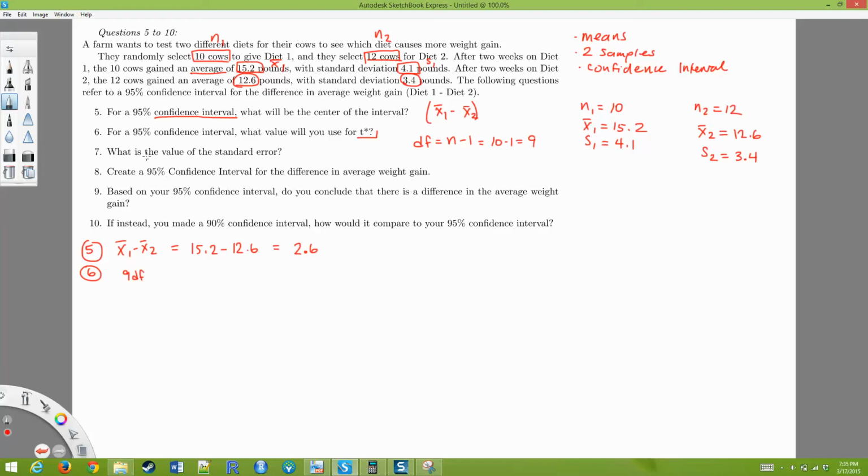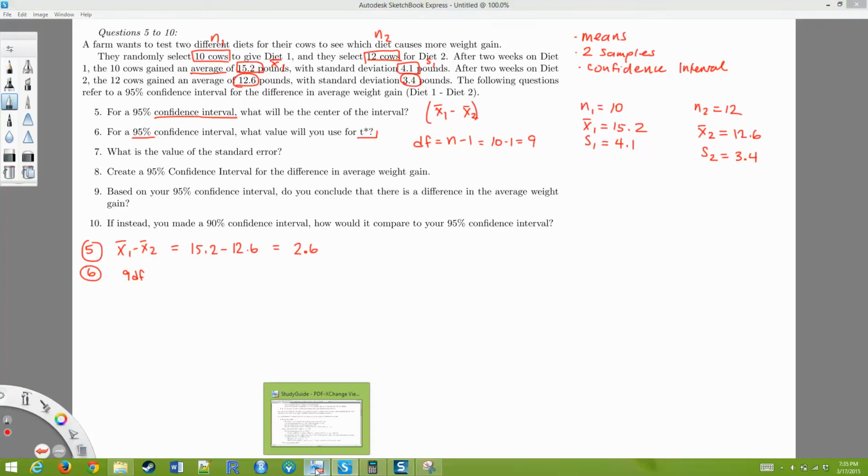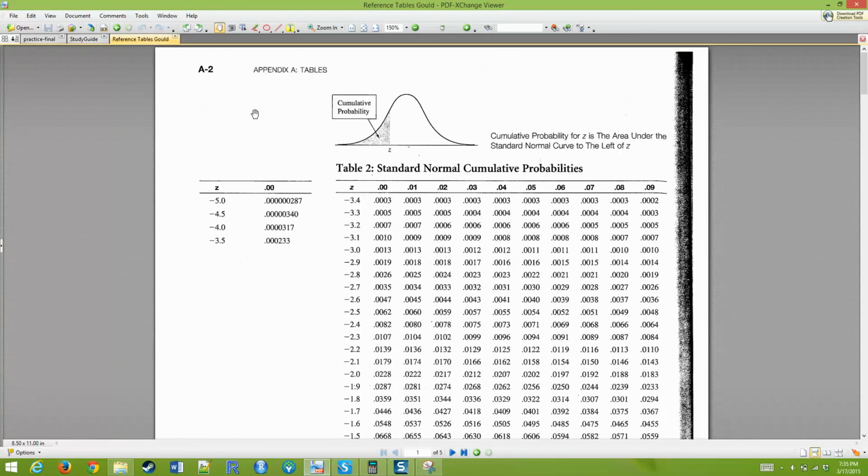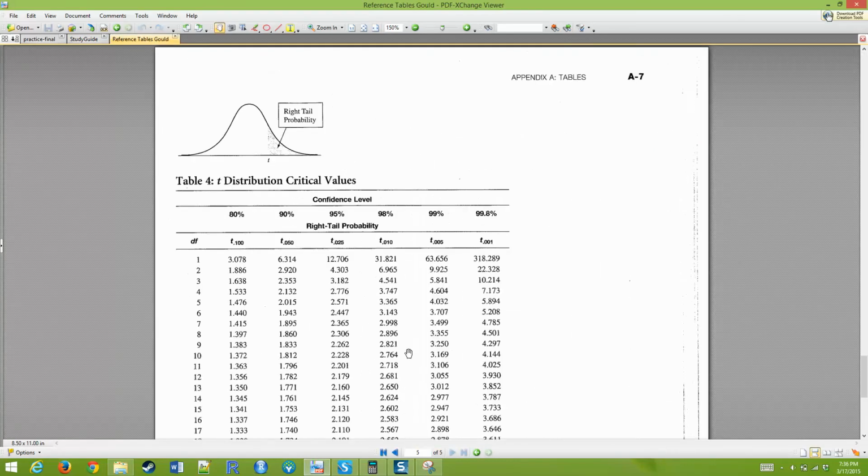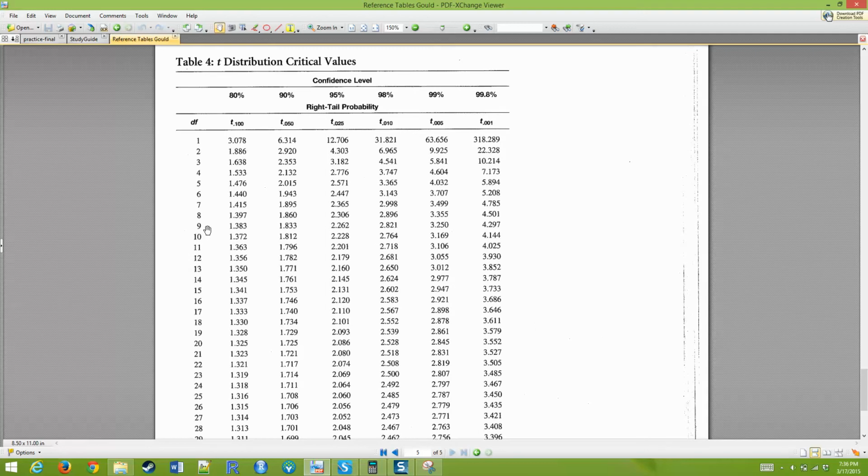What is the confidence level? 95%. So I'm going to go to my reference table, and I'm going to say 9 degrees of freedom, 95% confidence.